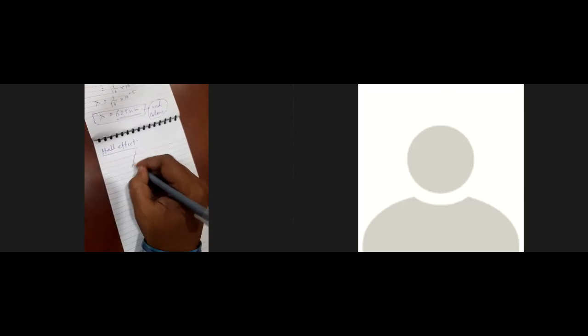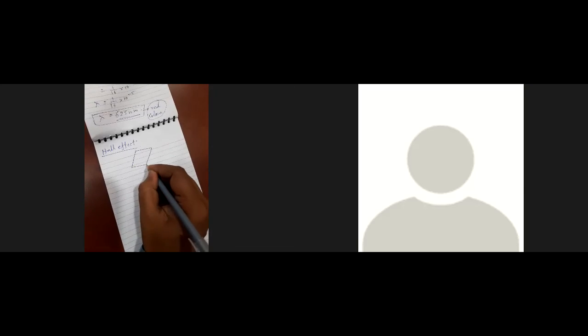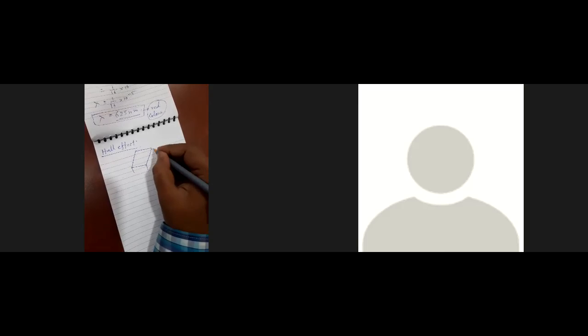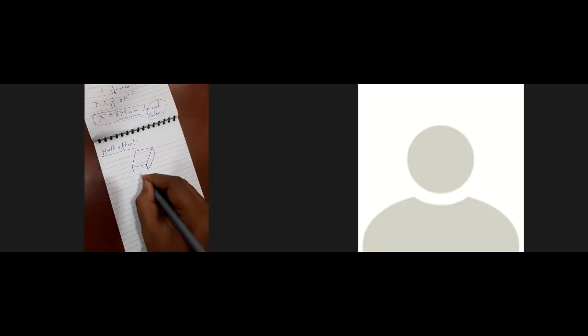So due to this Hall effect, we'll introduce this type of solid.